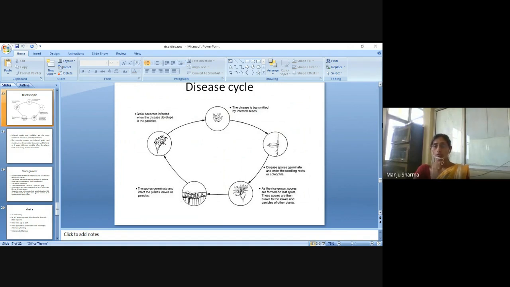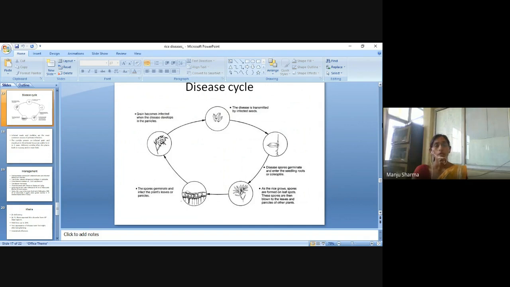These spores are then blown to the leaves and panicles of other plants. After that, the spores germinate and infect the plant leaves and panicles.